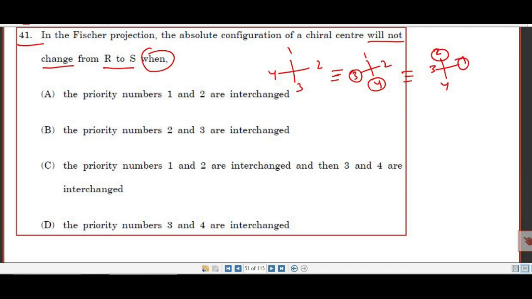Like this. Now this 1 and 3 will be identical. So an even number of changes gives an identical structure. Priority numbers 1 and 2 interchange — no, this was wrong; 2 and 3 interchange is wrong. Priority numbers 1 and 2 interchange, and then 3 and 4 interchange. This is the correct answer. C is the correct answer.